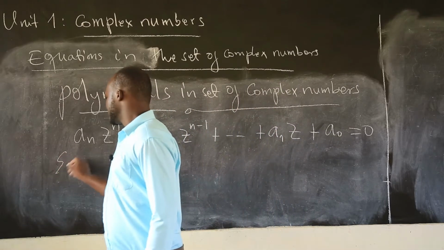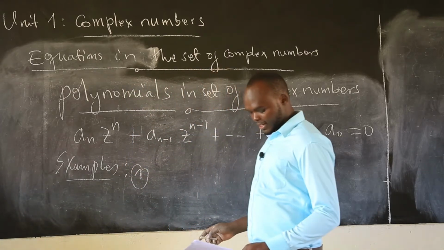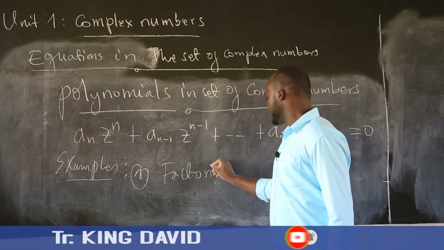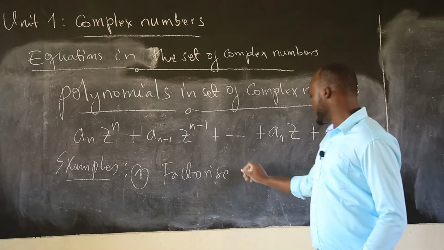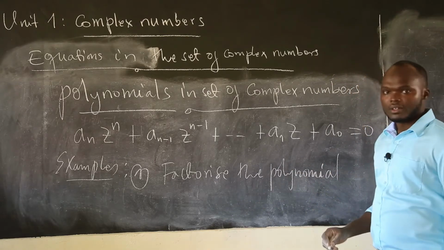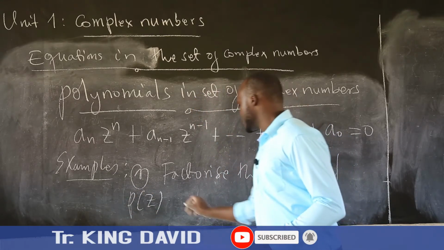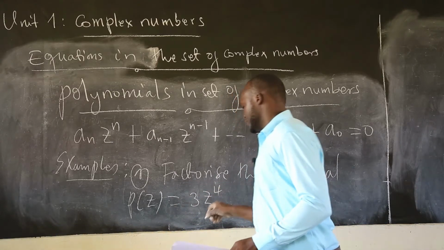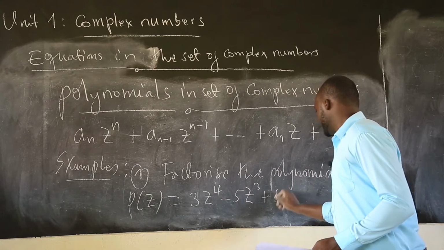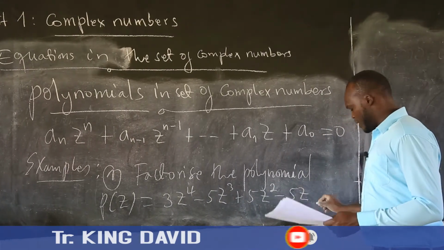For example, example number one is saying that: factorize the polynomial. That polynomial is P of z, and that P of z is 3z^4 minus 5z^3 plus 5z^2 minus 5z plus 2.